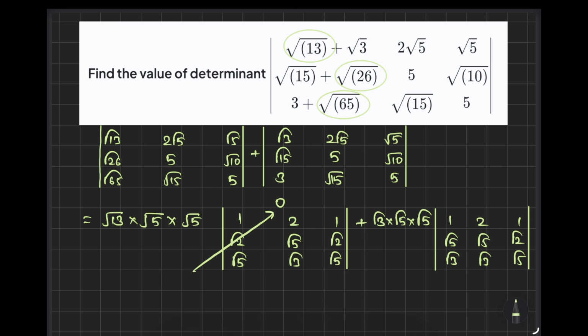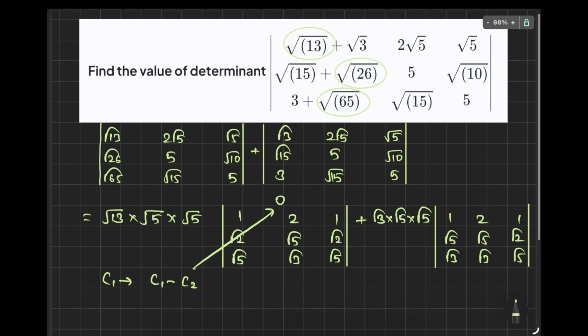Now look at this. I'm observing root 5 over here, root 5 over here, root 3 over here, root 3 over here. So I will apply a transformation before simplifying the system. Column 1 will be transformed: column 1 minus column 2.